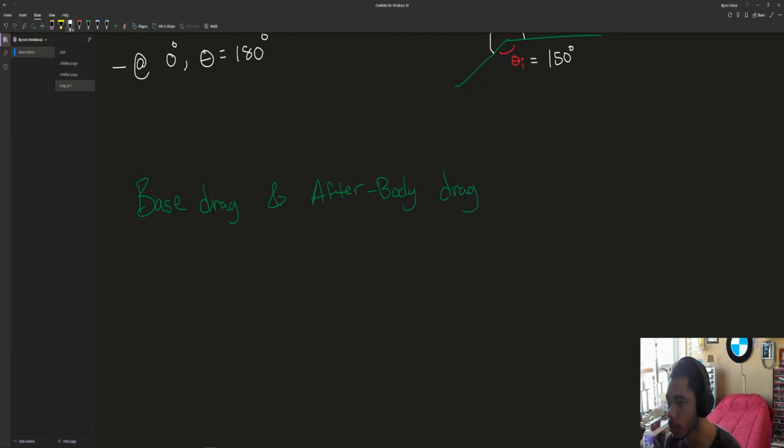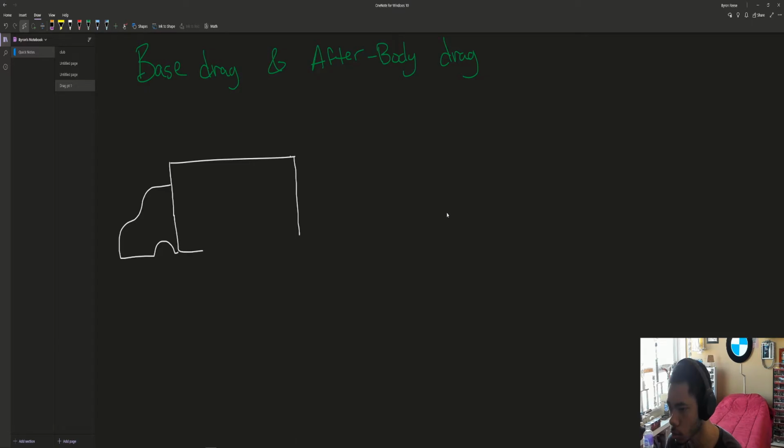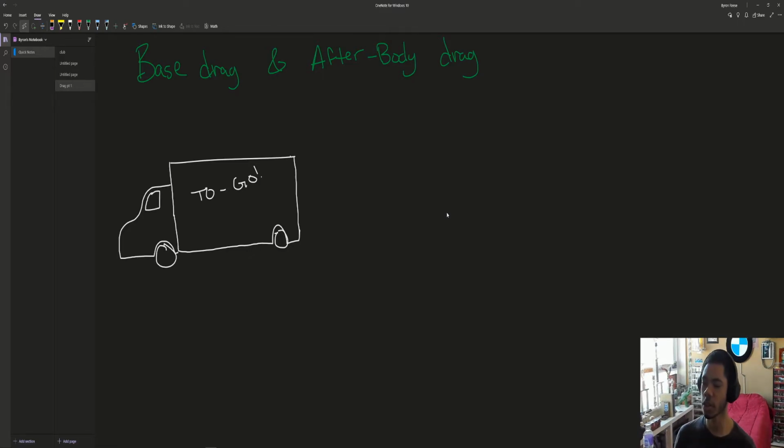Alright, so base drag is, let's say we have a truck. Alright, so here's our truck.